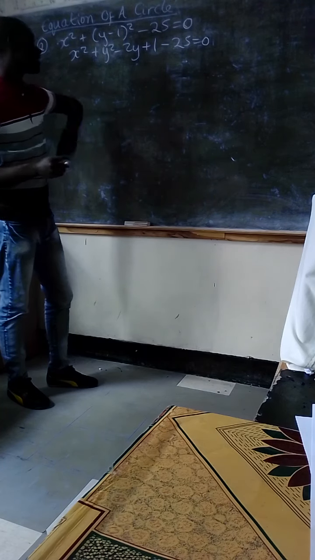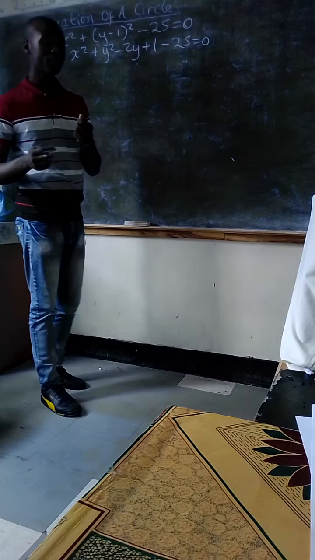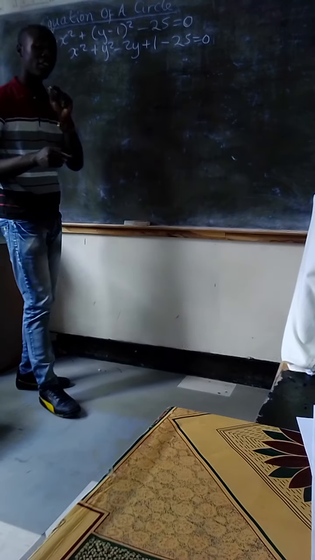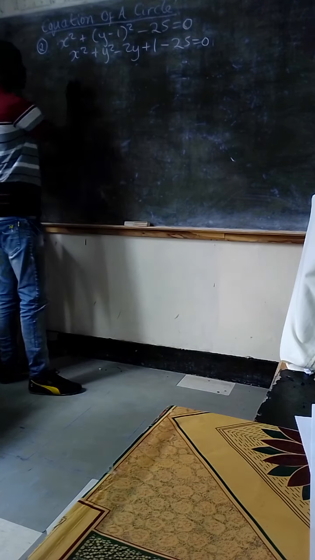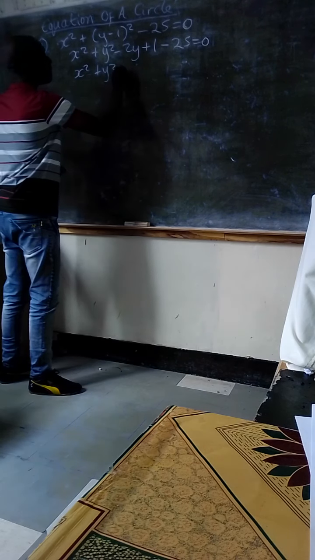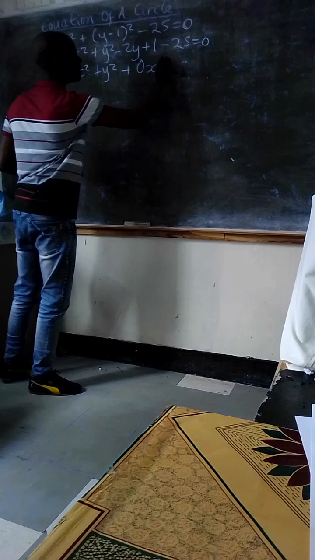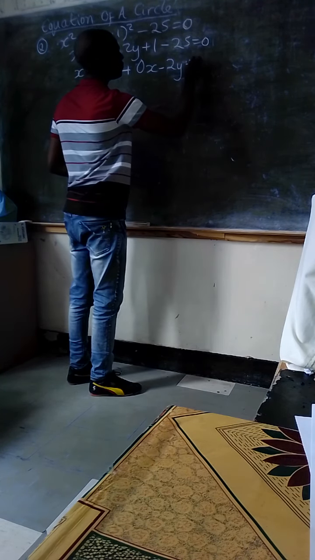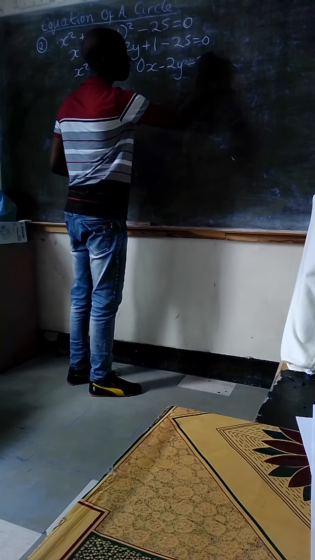In an expansion like this, we know the general form x has a coefficient of negative 2a. But it's not there. It simply means that a is 0, and therefore we have to write it in that sort. So we say x squared plus y squared plus 0x minus 2y plus negative 24, equals 0.